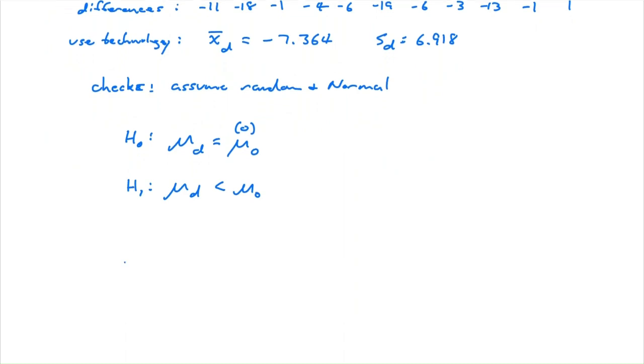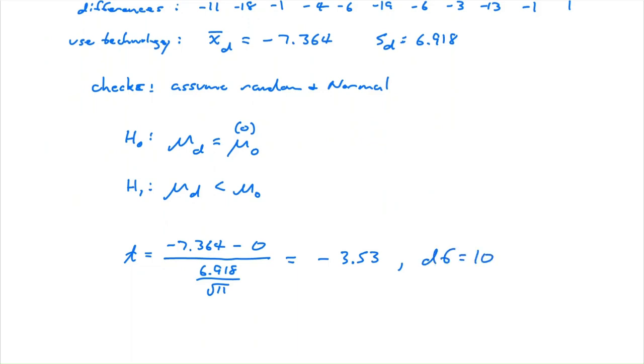All right, t is negative 7.364 minus 0 divided by the standard deviation divided by the square root of 11, our sample size. That gives us a t-value of negative 3.53, and our df is 10.